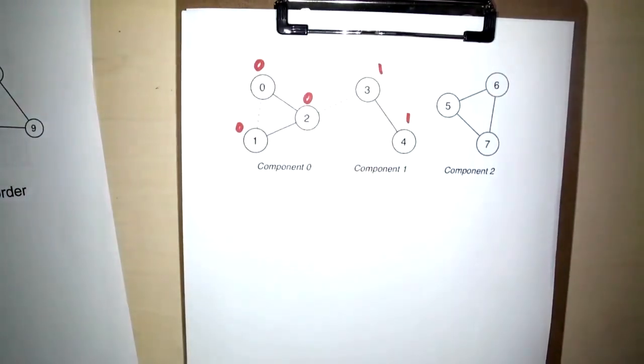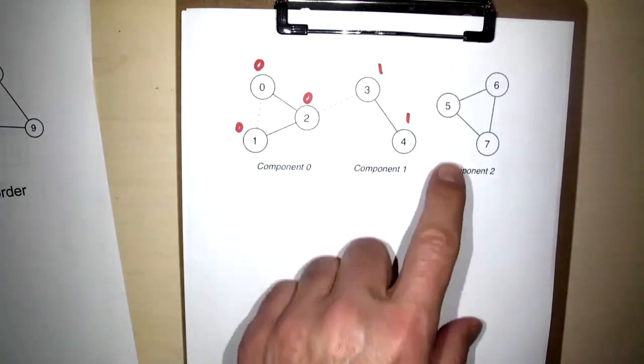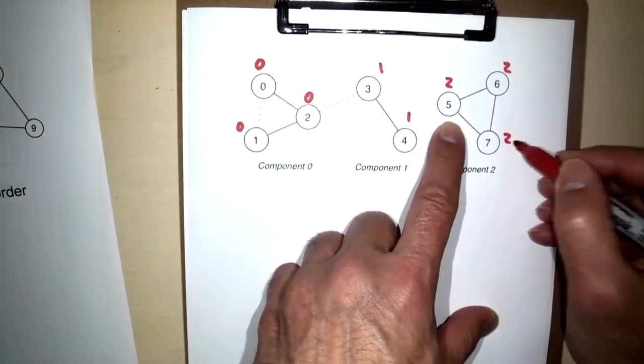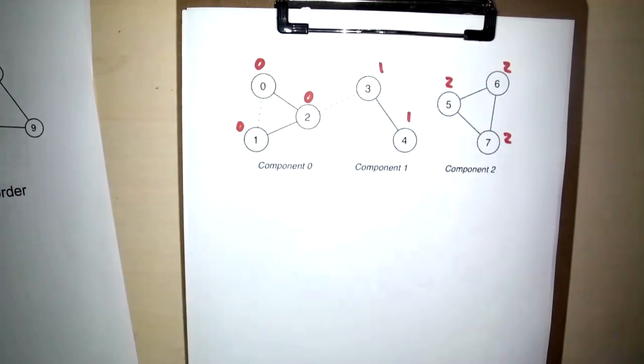Will also be marked with 1, and that terminates that second call to the depth first search. The component ID is incremented further to 2. And clearly this gets 2, this gets 2, this gets 2, and there's nothing else that needs to be done here.